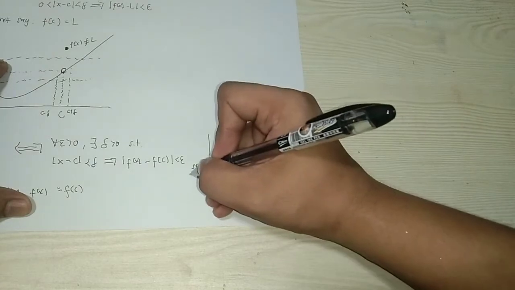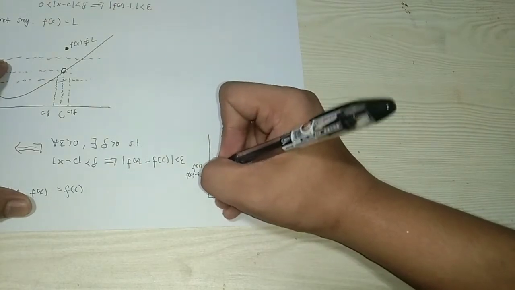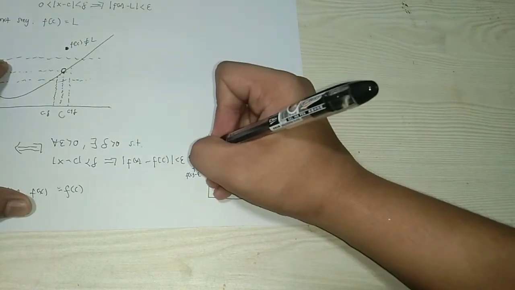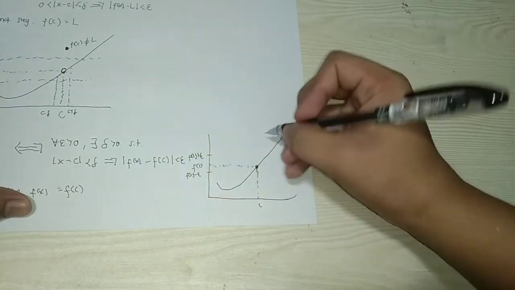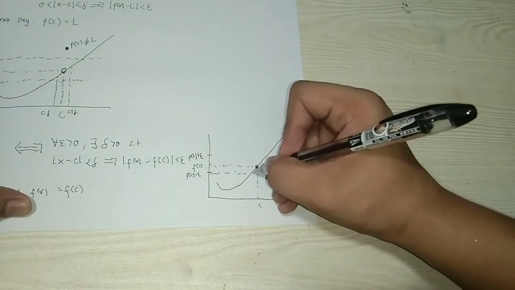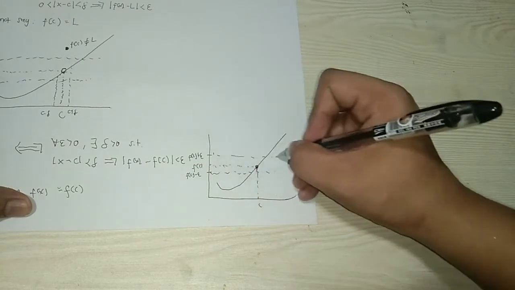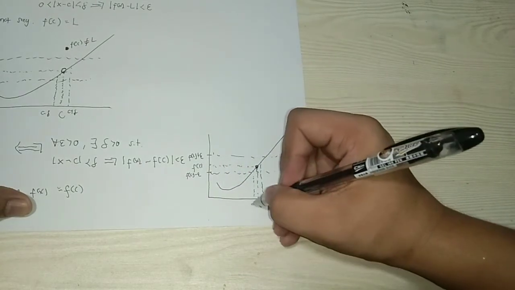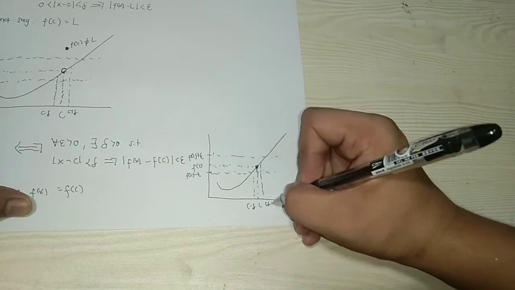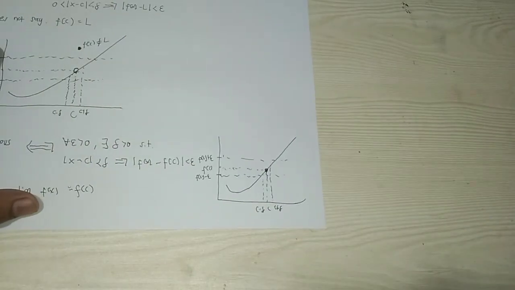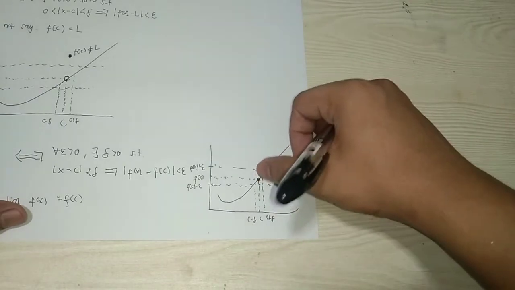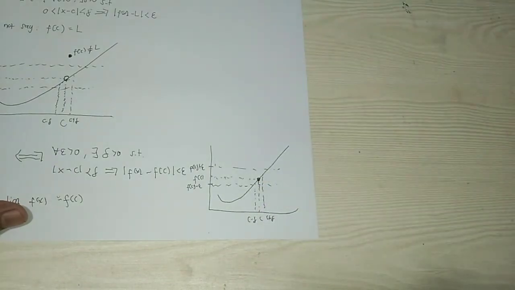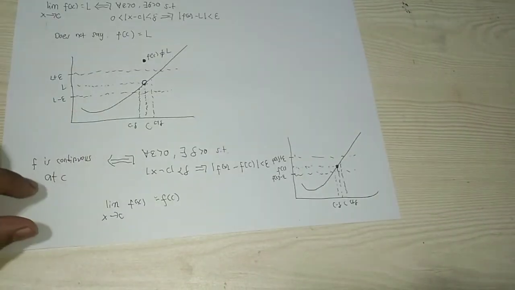Tapos, this is, let's say, f of C minus epsilon, f of C plus epsilon. So, yan yung itsura ng graph. So, let's say, ito yung C minus delta, C plus delta. Okay? So, yung limit niya, siya na rin mismo yung value ng f of C. So, yun yung sa continuity.